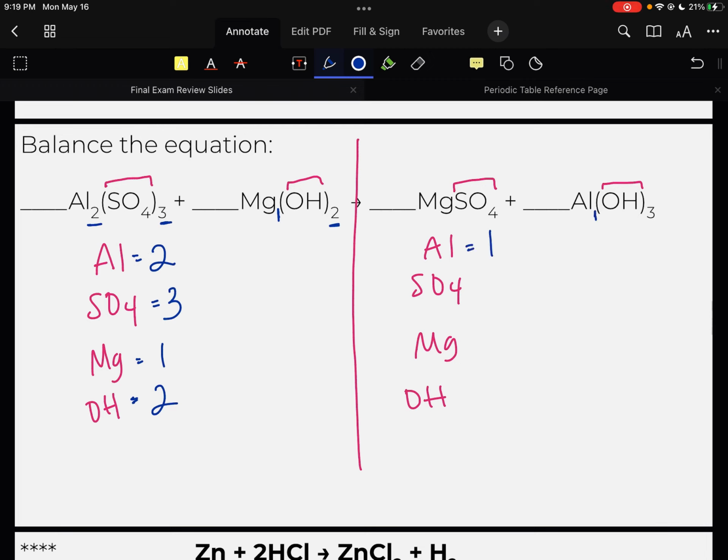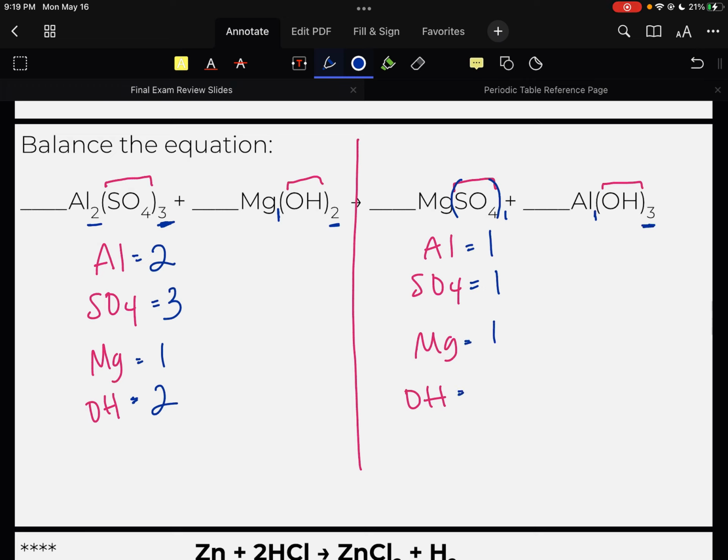On the other side, aluminum, I have invisible 1. Sulfate, I see the SO4, but notice how on the other side with that little 3, right, I had the parentheses around it. That was telling me how many sulfates I have. So here, this is just like if I had parentheses and then I had an invisible 1. I just have 1 sulfate there, not 4, because the 4 is actually part of sulfate. It's not 4 SOs, it's SO1, SO4.